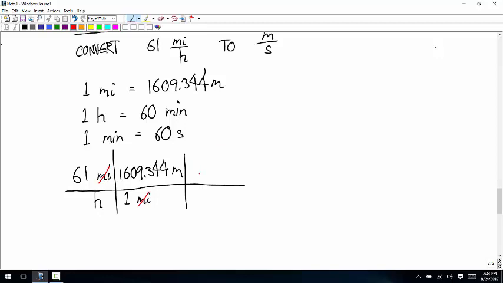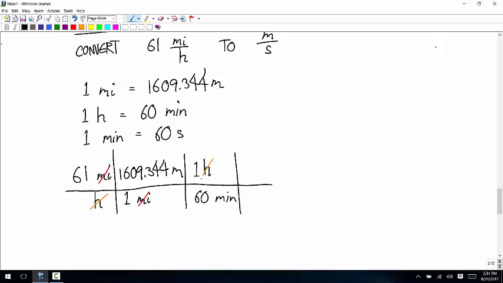So here we have 1 hour with 60 minutes in the denominator, and this hour cancels this hour. Now if we multiplied out the number, we'd have units of meters per minute.